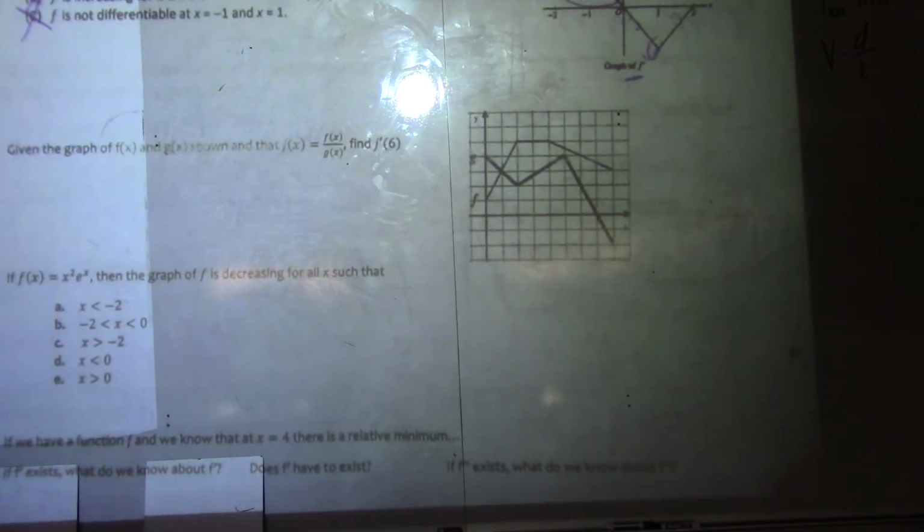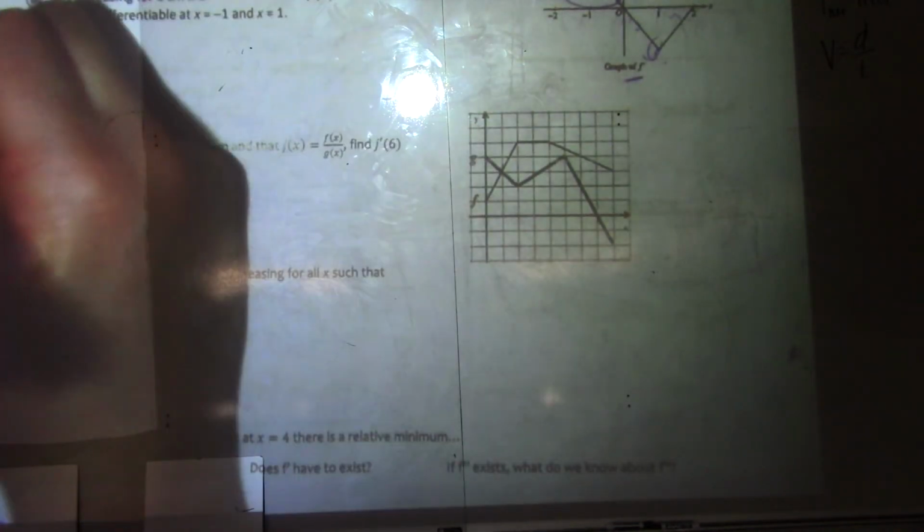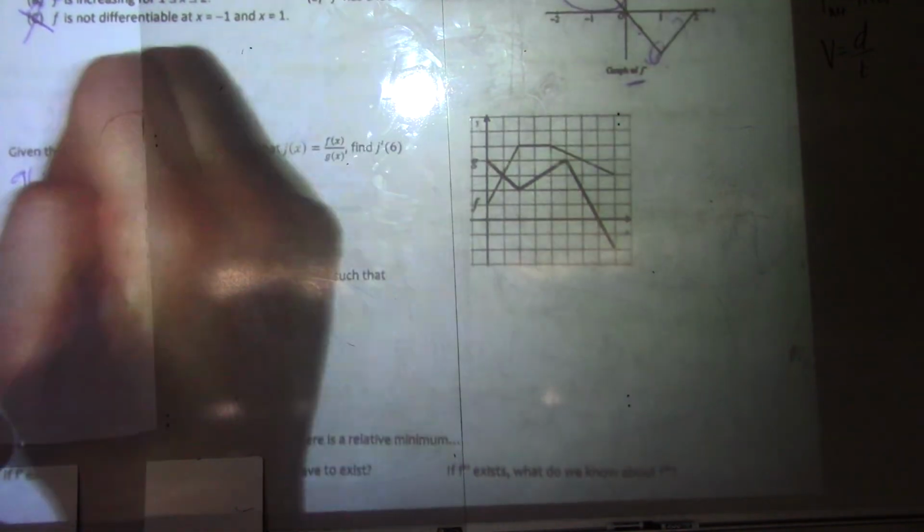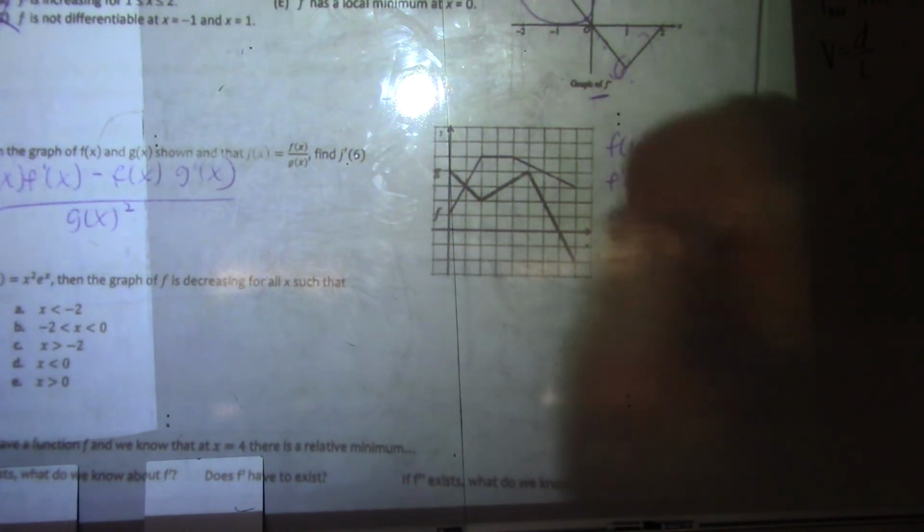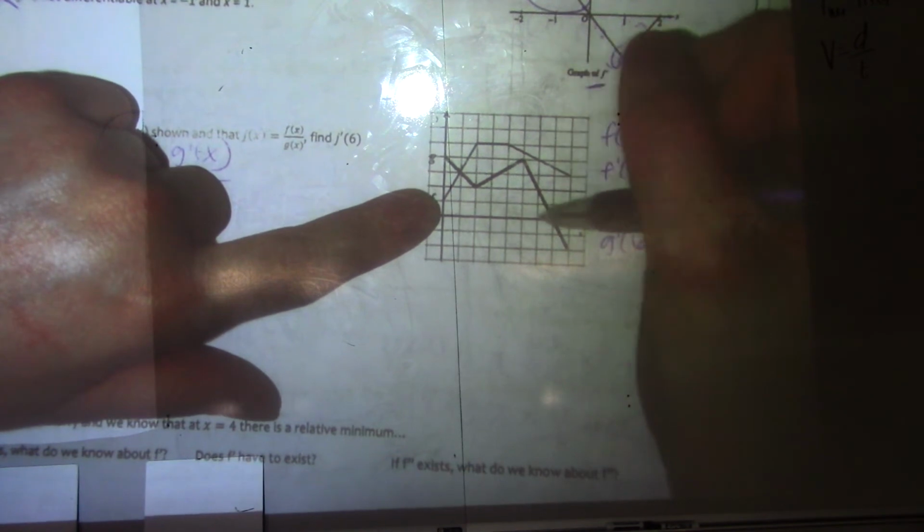All right, quotient rule: low d high minus high d low, underneath the low squared. So I'm going to write off f of 6, f prime of 6, g of 6, and g prime of 6 off to the side. So 1, 2, 3, 4, 5, 6.